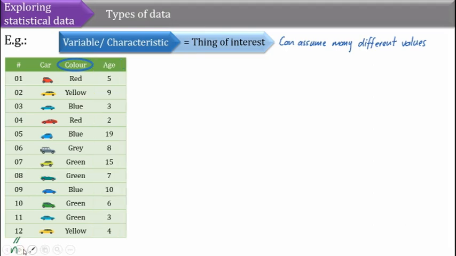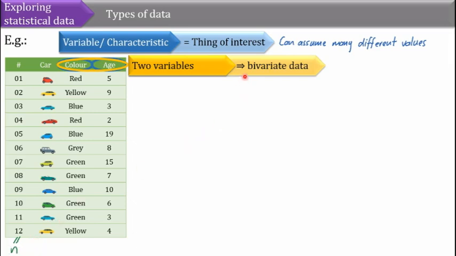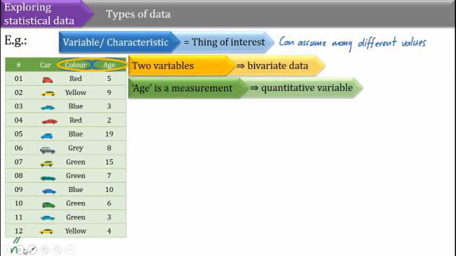Now, if I add another variable, let's say age, then I have two variables now in my data set. So I'll call it bivariate data. Now the age over here will be the age in years for the vehicle. So I've measured something about the vehicle now. I've measured the age. Because it's a measurement, it's a quantity, and I call it a quantitative variable.